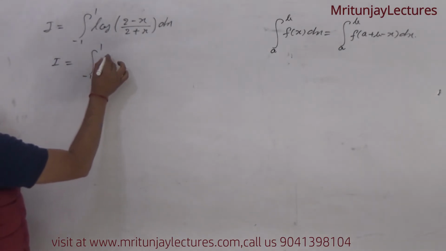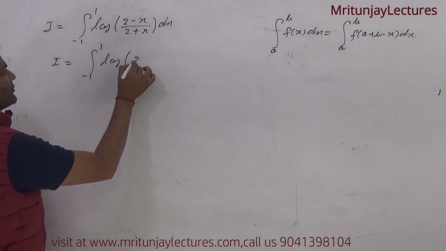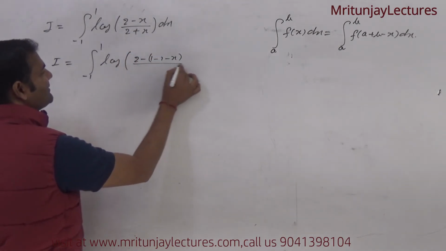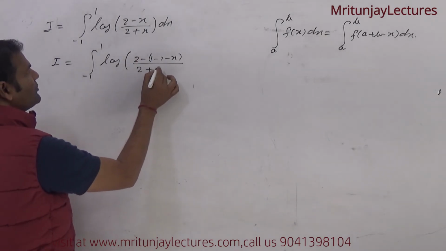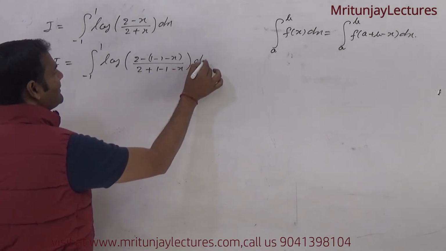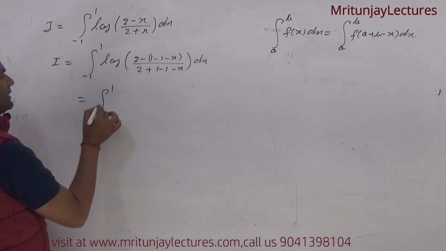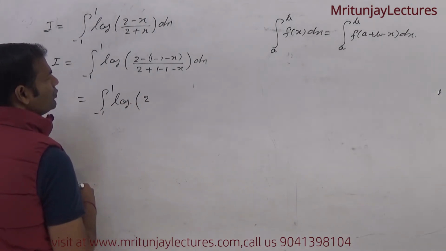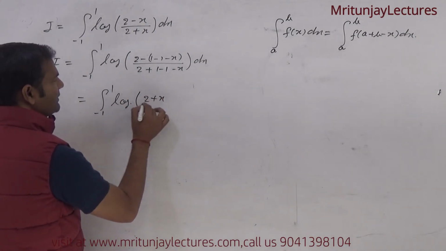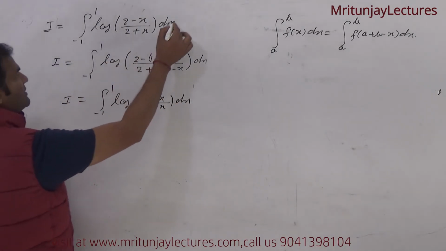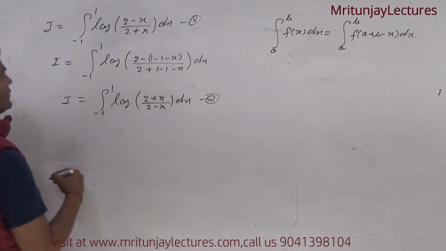Apply the property from −1 to 1 of log((2 − (−x))/(2 + (−x))), which gives the integral from −1 to 1 of log((2 + x)/(2 − x)) dx. That is equation number 1, and that is equation number 2.